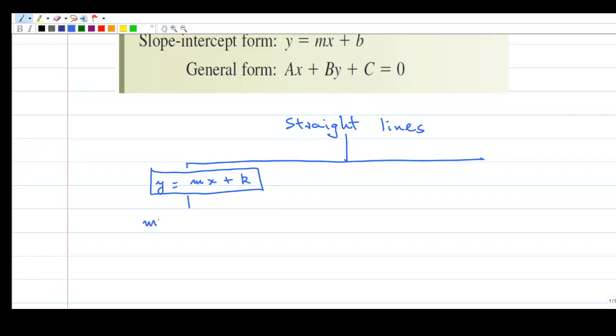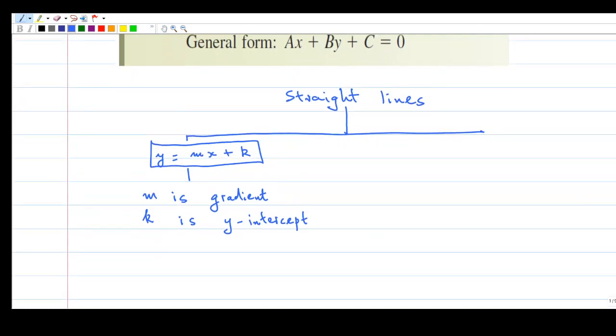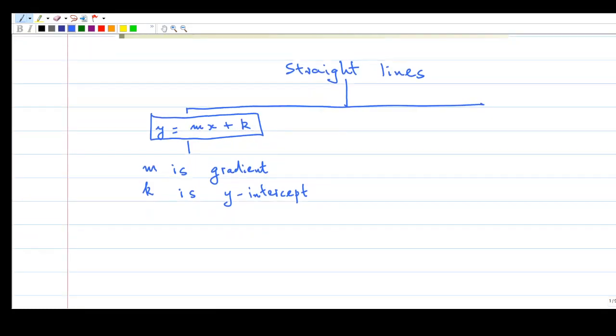M is gradient, and your k is y-intercept, where the graph cuts the y-axis. Okay.